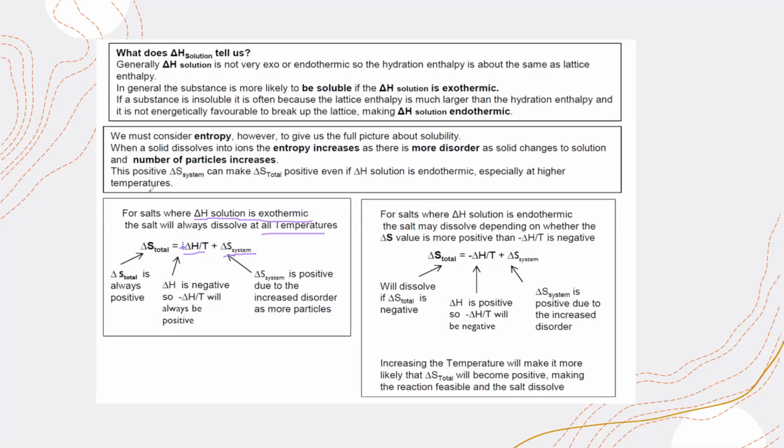In the same way, if a reaction is endothermic, the entropy of the surroundings will be negative, and the entropy of the system should be positive. So how can we make it feasible? We want this negative value to be smaller, and to do that we should increase the temperature. That's why the salt will become soluble, as the total entropy will be positive.